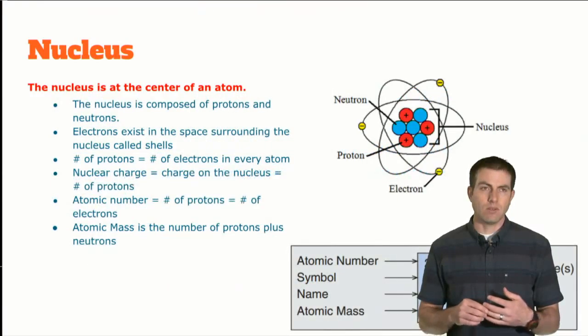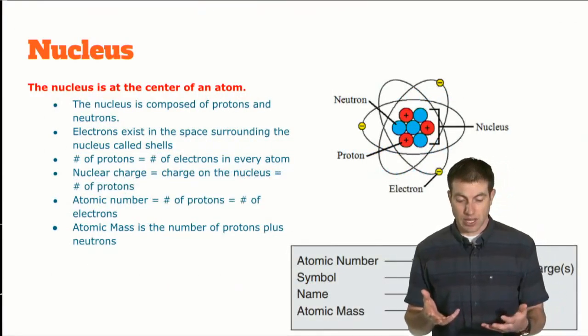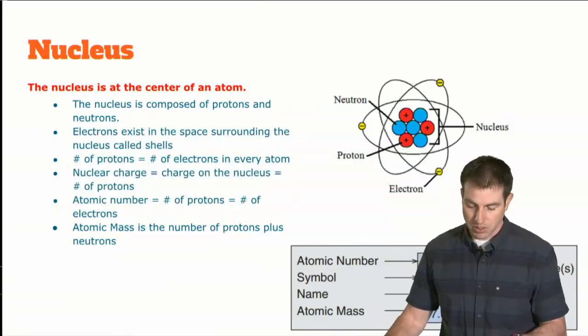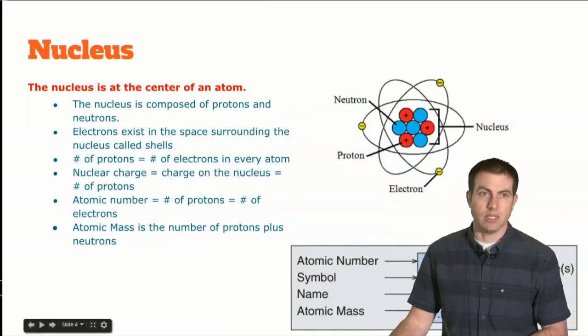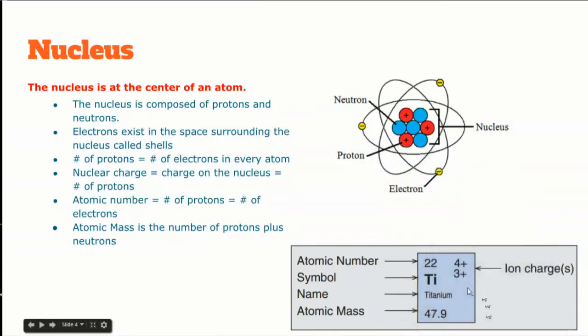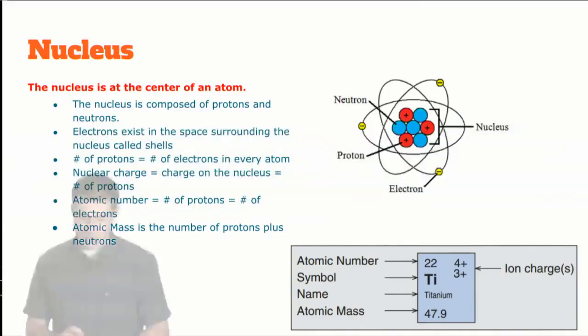So the example that we have here is titanium. You can see the atomic mass is 47.9. So this is kind of the tricky part, and I'm sure your Science 9 teacher beat this idea to death. Hopefully you remember it.